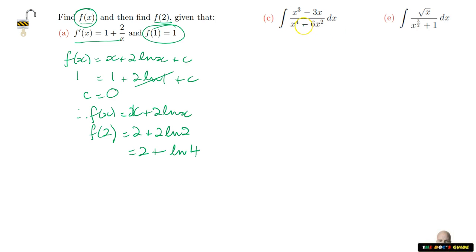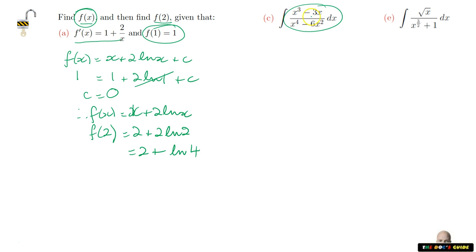Over here, with this one, same as before, we look at this. Here we have a quotient. Is the top line the differential of the bottom? Well, not directly, but it's related to it. So if we look at what the differential of the bottom is, that would be 4x cubed plus 12x.